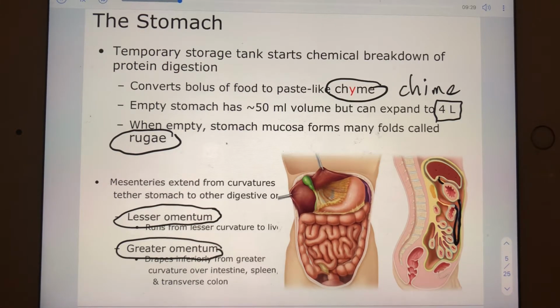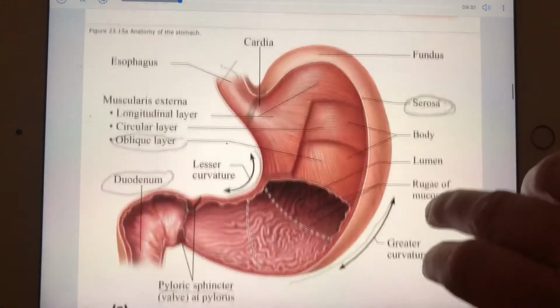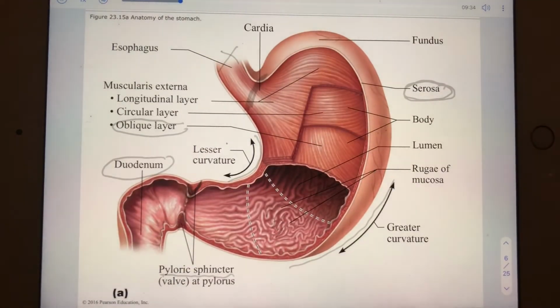Moving to slide 7, here's our stomach, and the stomach is empty, so I can clearly see the folds that we call rugae inside. The stomach has a muscularis externa that has not just circular and longitudinal layers, but also innermost an oblique layer, so that we have fibers running in 3 directions.